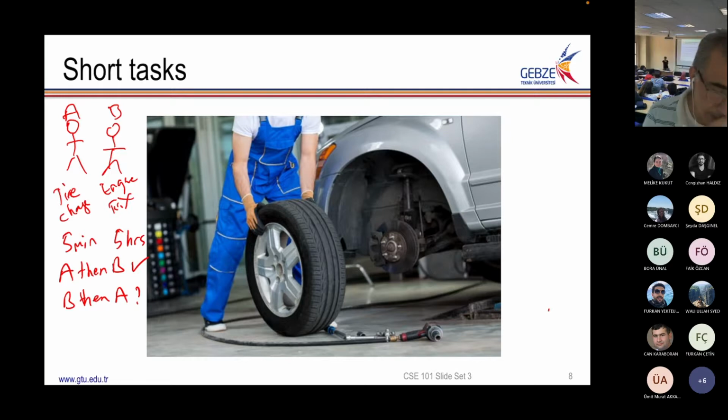So in the first case, the total waiting time, the average waiting time of 2 people: the tire change will wait for 5 minutes, right? Engine fix will wait for how much?